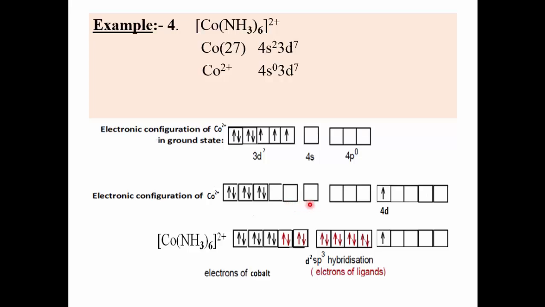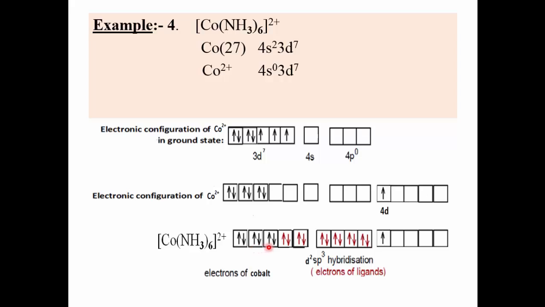So 2d, 1s, 3p combine together to form 6 hybrid orbitals: 1, 2, 3, 4, 5, 6. Now these 6 hybrid orbitals accept 6 electron pairs from the neutral ammonia molecules.